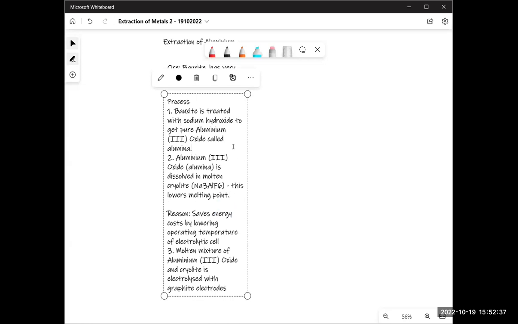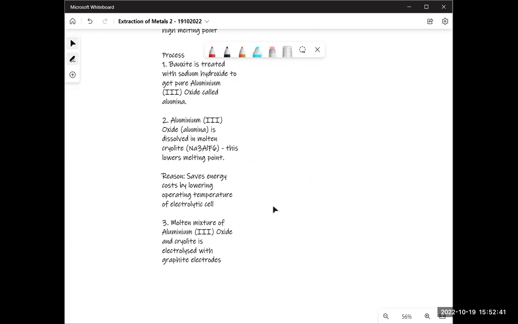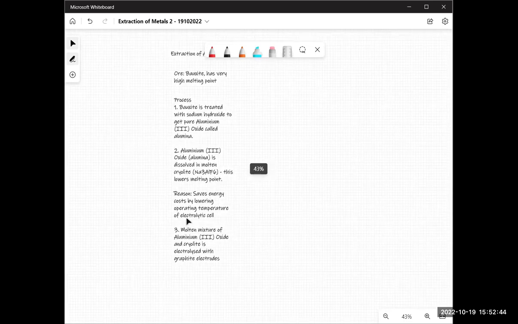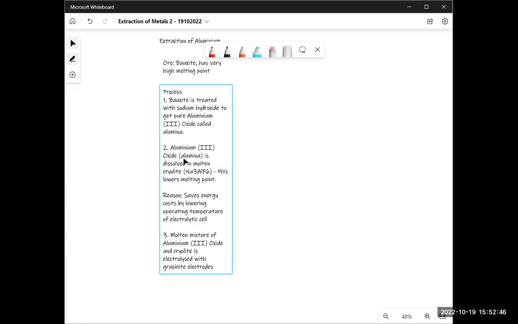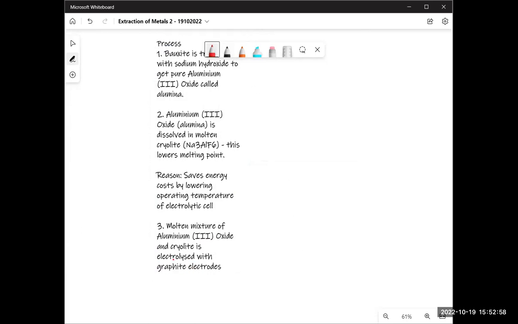I've given you 3 steps and I've given you a reason for step 2. That is what they'll ask you in the exam. There's 3 steps and there's a reason for why we do step 2. And again, please memorize that we use graphite electrodes. Underline it for you, graphite.